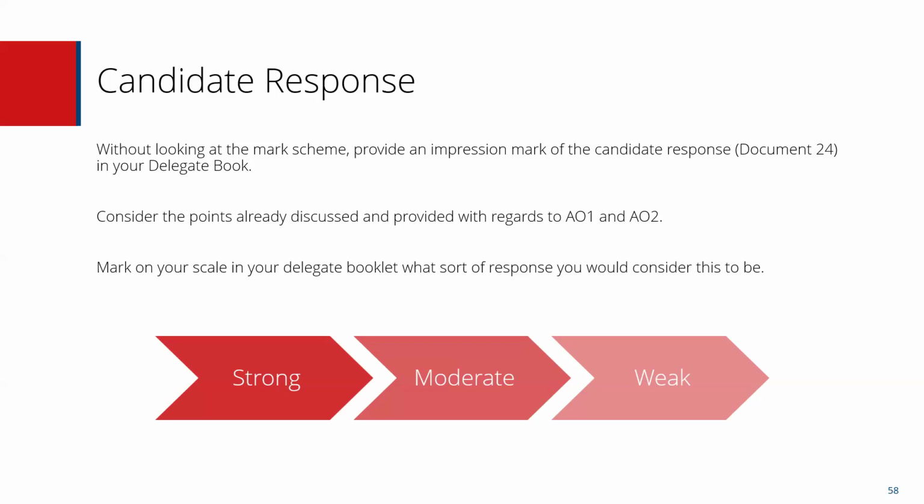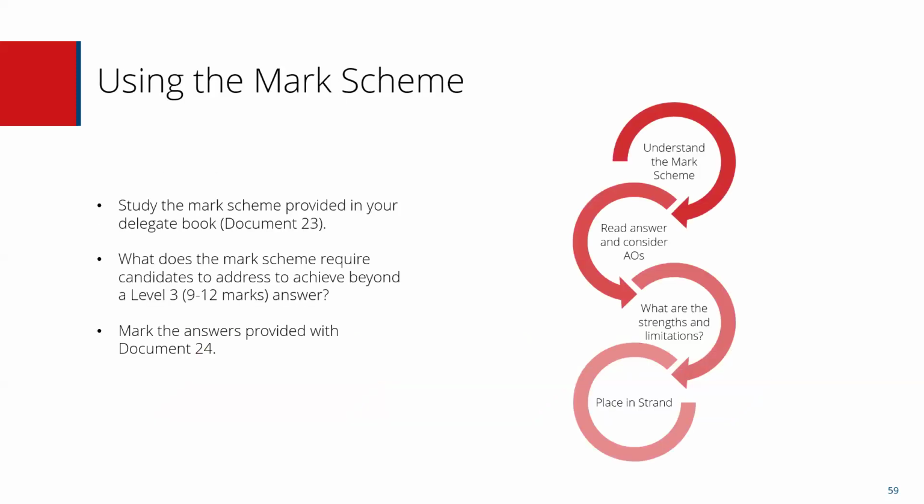And just have a read of that. So just have a quick look at that. And considering what we talked about, what do you think for the different strands? What level would you give this? Because it's in different levels for some of the strands. There's my tip for you on that.